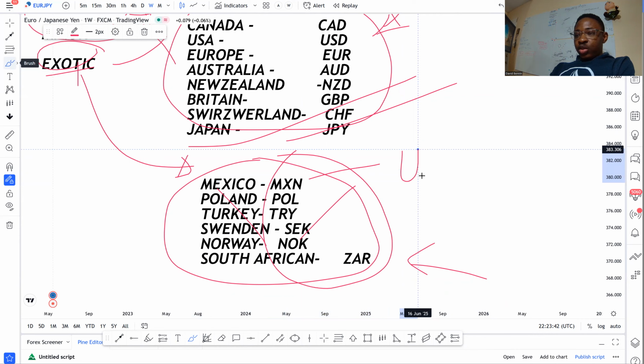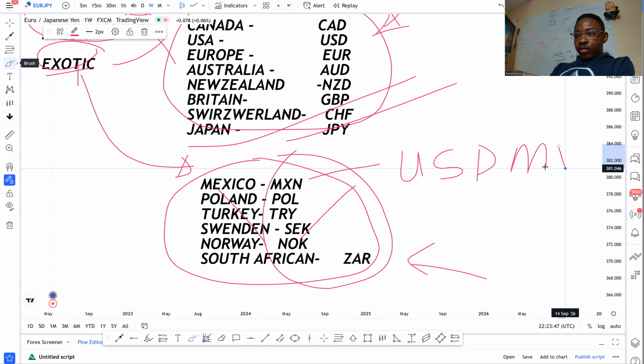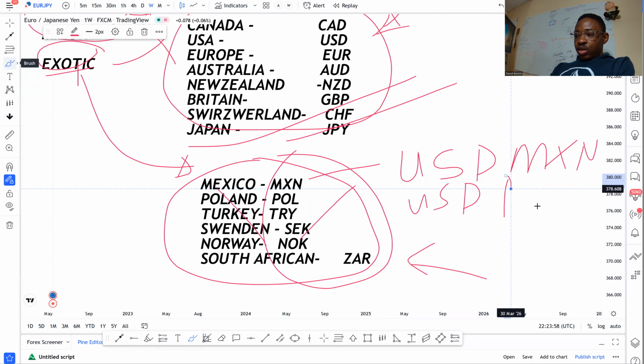So you have USD MXN for the Mexican peso. So if you are trading it, is how it will be. You have USD POL. We have USD TRY.